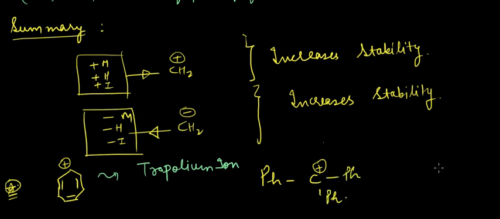So obviously in this case phenyl will be acting as a plus M group. All the 3 phenyls will be acting as a plus M group for the carbocation, and in this case it is already an aromatic compound, and in this case the resulting compound would not be aromatic.